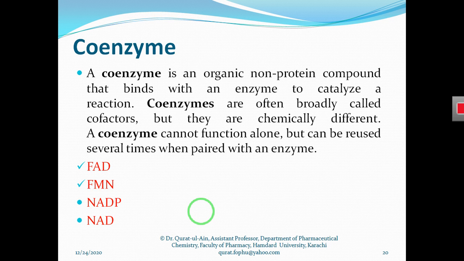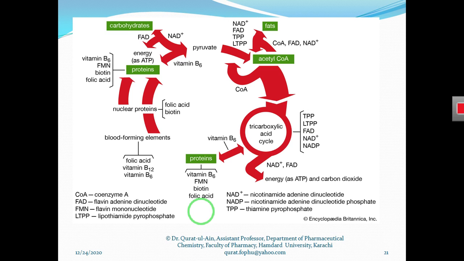In this diagram we can understand how the B complex vitamins help in the different metabolic processes in our body. We can see here that different coenzymes and vitamins are both involved in the regulation of metabolic processes that take place in our body.